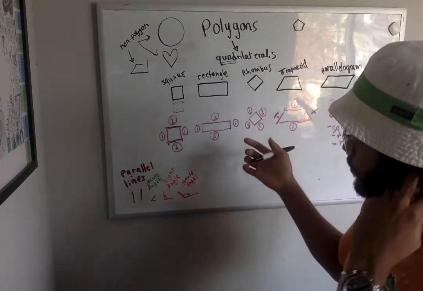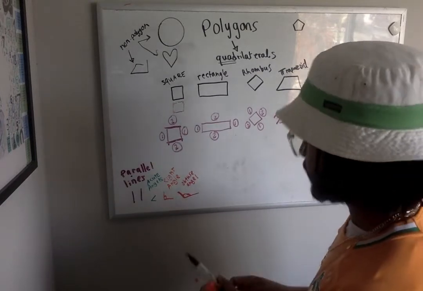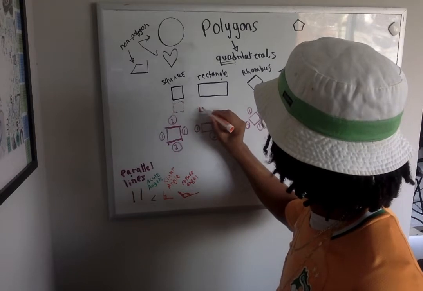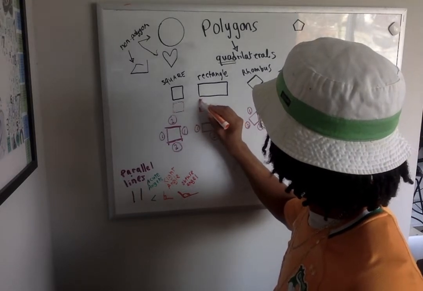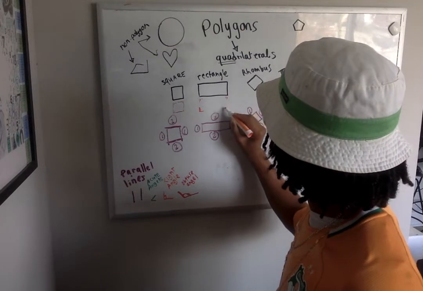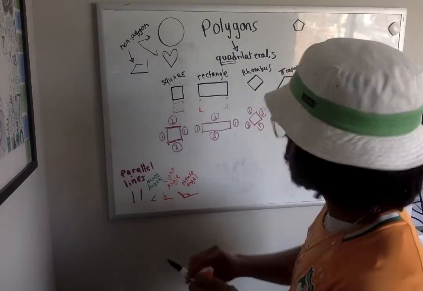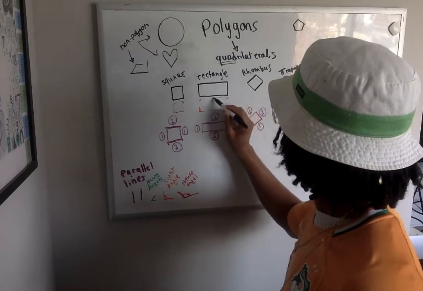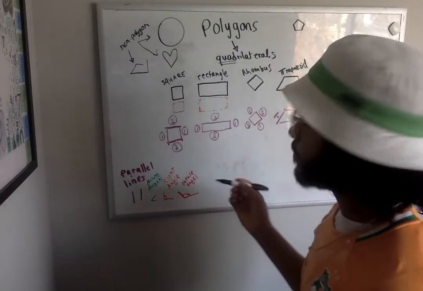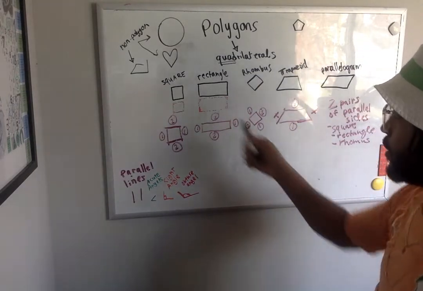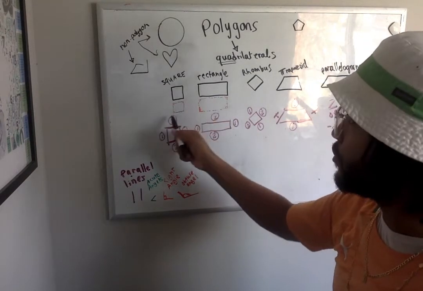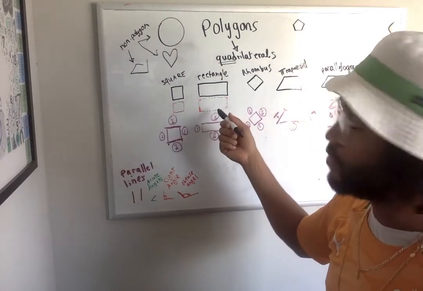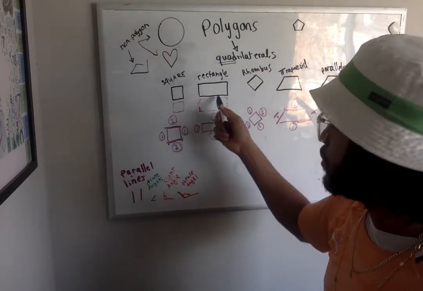A rectangle also has right angles. 4 right angles. 1, 2, 3, 4. Then I could connect it. Alright, that's a rectangle. It has 4 right angles. The only difference between a square and a rectangle is that all the sides are equal in the square, and in the rectangle, only 2 of the sides are equal.